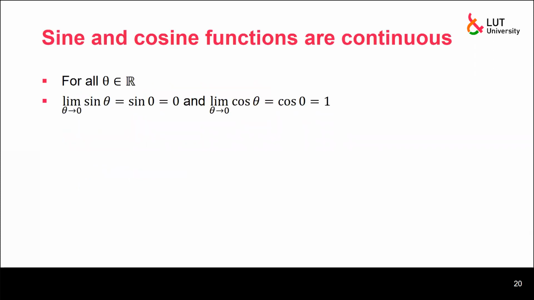Okay, so sine and cosine functions are continuous for all. Of course, in some cases, we may want to limit ourselves to look only at one cycle. And then the limits are totally continuous, and the limits are the same on both sides for theta goes to 0 for sine.